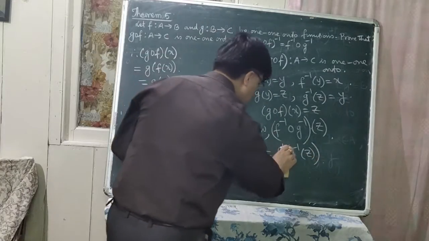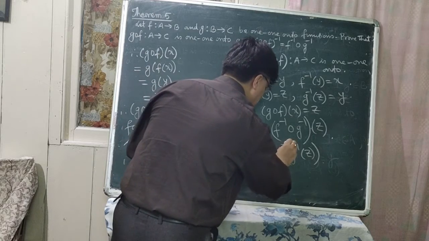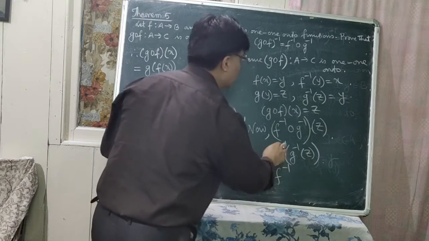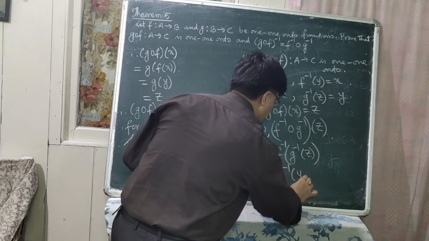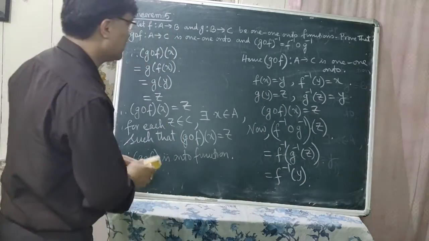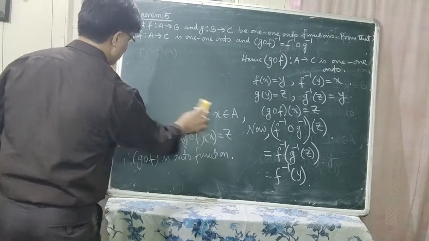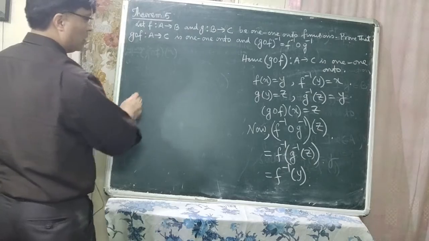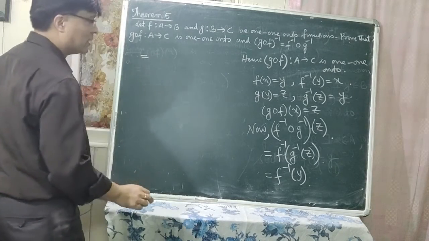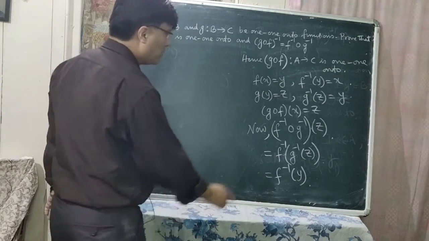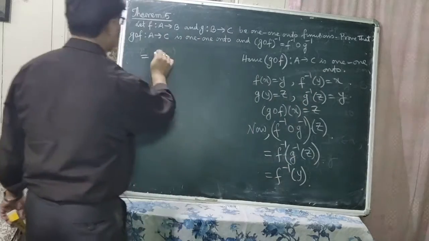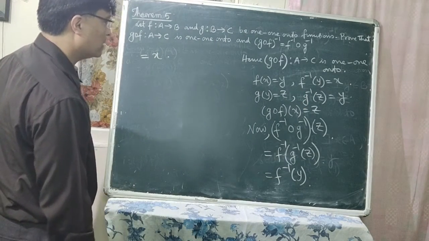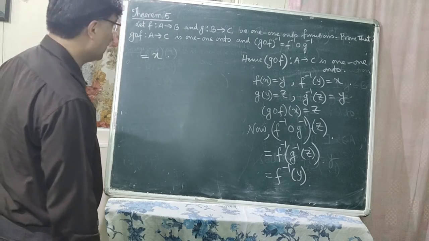Is that clear? This is your inverse, not dash. So which is equal to f inverse, what is g inverse z? It is y, right? So which is equal to, what is f inverse y? It is x. This is your x. Okay?